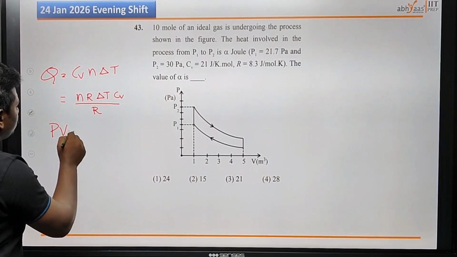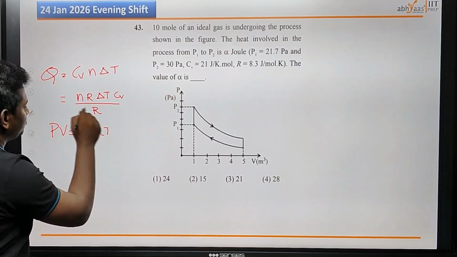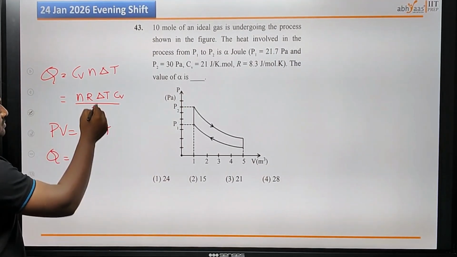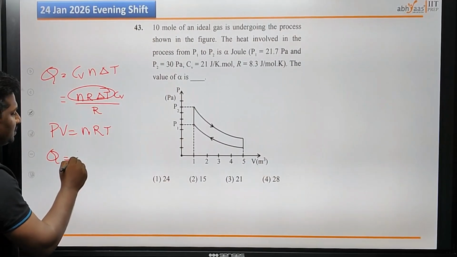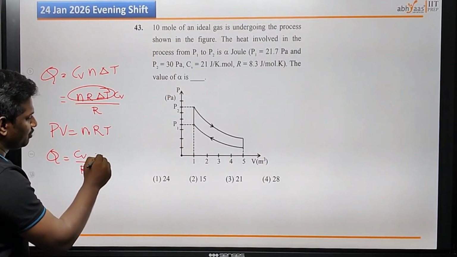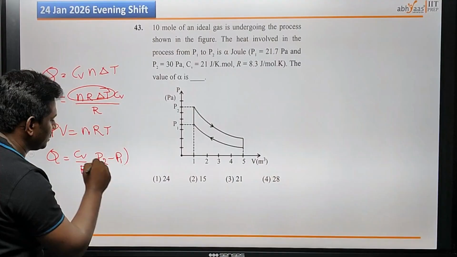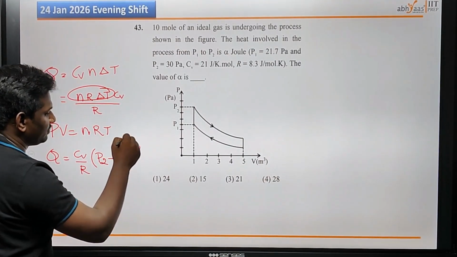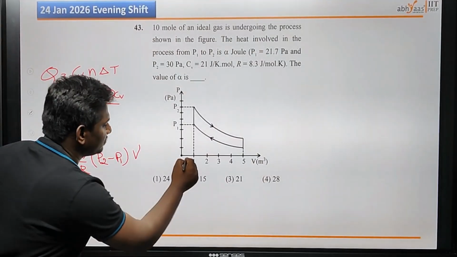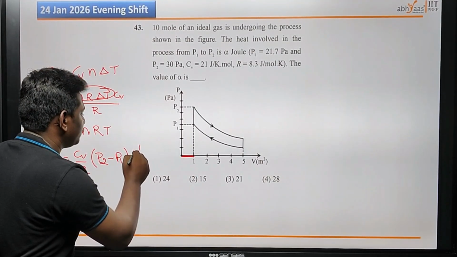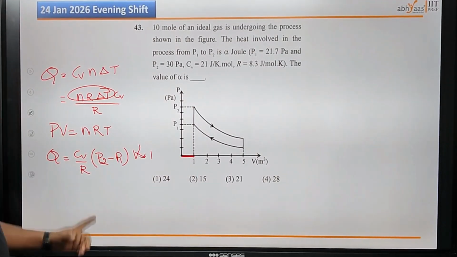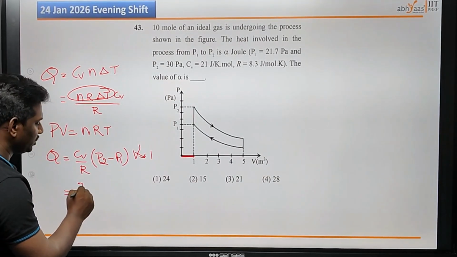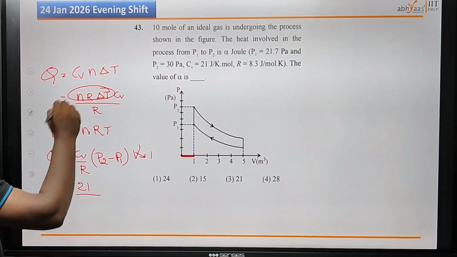PV equal to nRT. So from this one, Q can be written as CV by R, P2 minus P1 into V. What is V here? V is 1. No need to consider. CV, they have given already. CV equal to 21 by, what is R? 8.3.